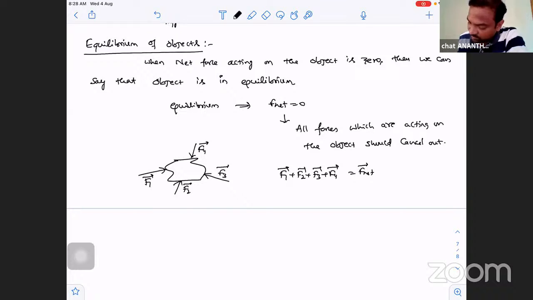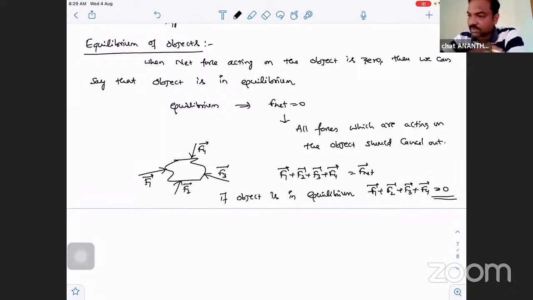If it is equal to zero, then we say equilibrium. If the object is in equilibrium, then F1 bar plus F2 bar plus F3 bar plus F4 bar should be equal to zero. The resultant should go to zero.